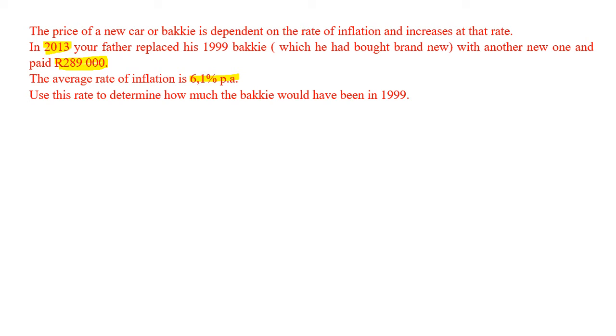Now, maybe not the best wording of an example, but we can still fathom how to go about doing it. I need to understand, firstly, I've got 2 years, in 2013 and then in 1999, which means there's a difference in years between 1999 and 2013. So the first thing that I need to understand is that the time period, or the payment period, is 14 years.